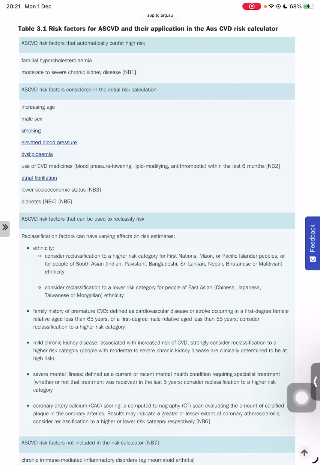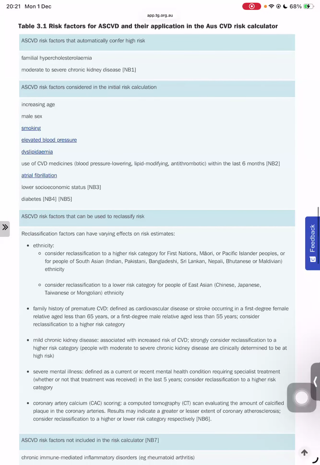If the patient is presenting with familial hypercholesterolemia or moderate to severe chronic kidney disease, these patients are automatically considered high risk patients. Remember this point.